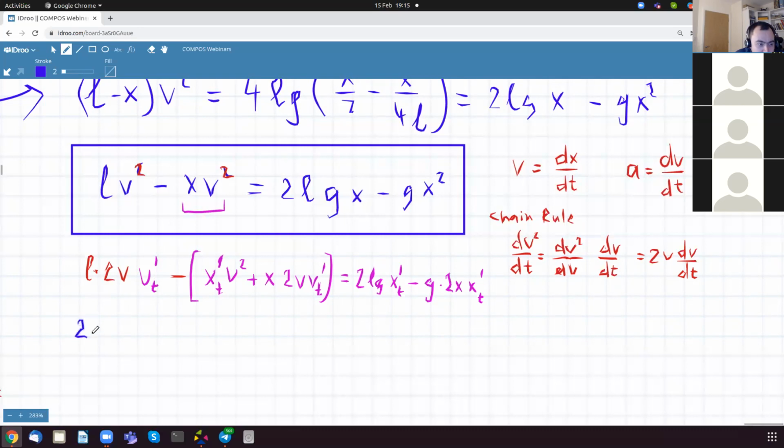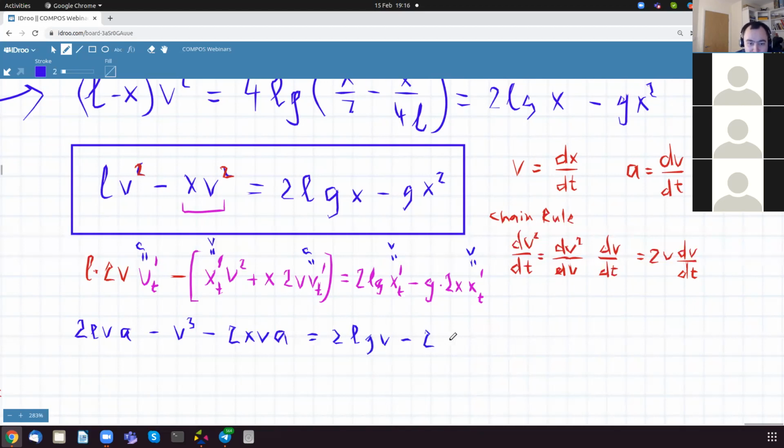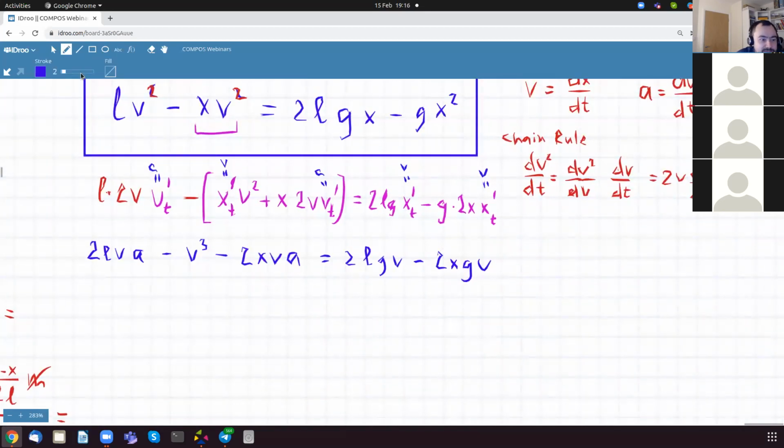So it's going to be 2lva, where a is acceleration, this is velocity. 2lva minus v cubed minus xva minus 2xva equals 2lgv minus 2xgv. V cancels. Okay, and this becomes 2.